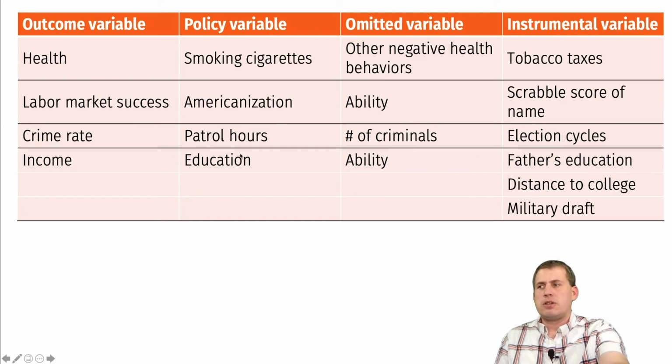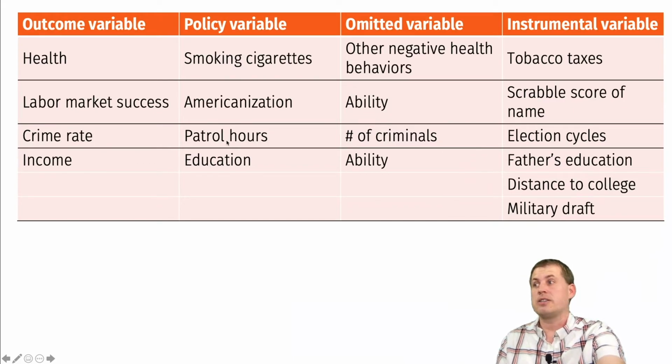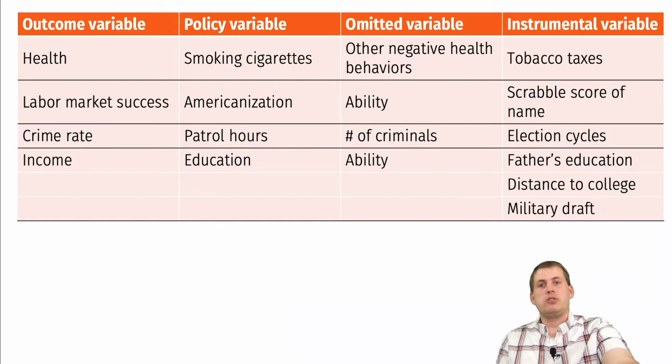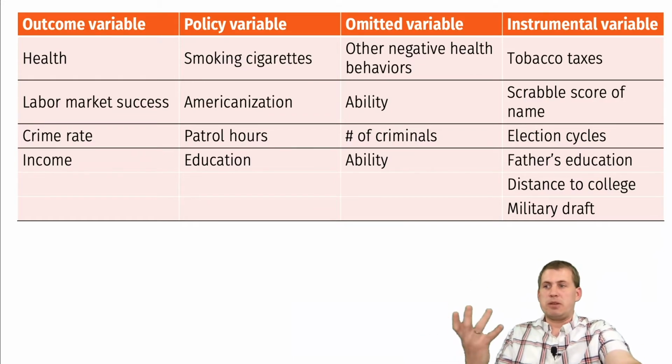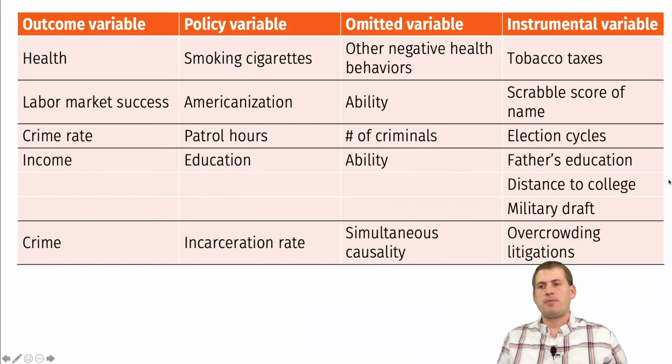And so, again, the story here is that these instruments cause more education, and then they also cause income, but it's only because it goes through education. There's no other relationship. It's only because your distance to college makes you earn more money because it makes you get more education. So if you can plausibly tell that story, then you have a good instrument.